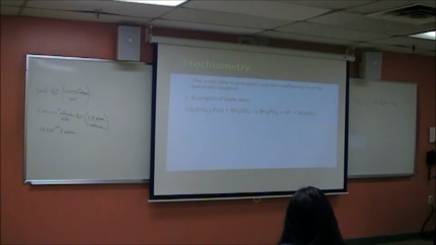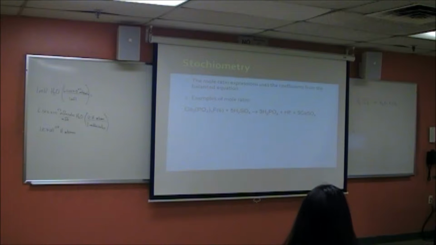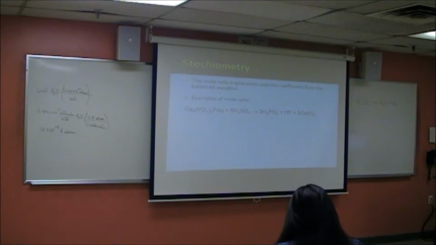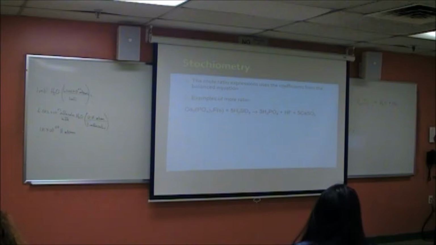Okay? So, in order to figure out mole ratio, it comes with reactant to reactant, reactant to product, and product to product. Right? So now, who's going to give me my first batch?